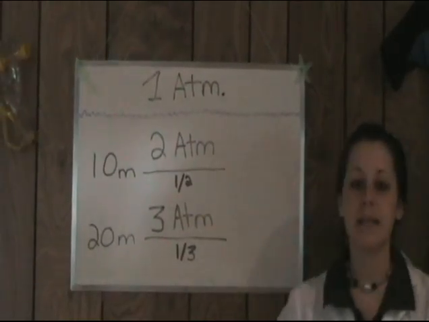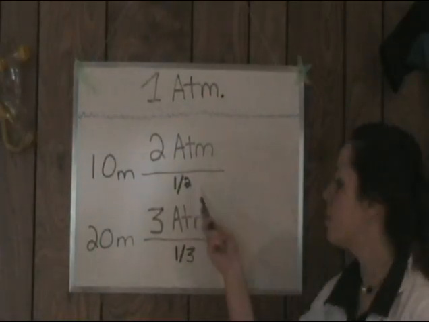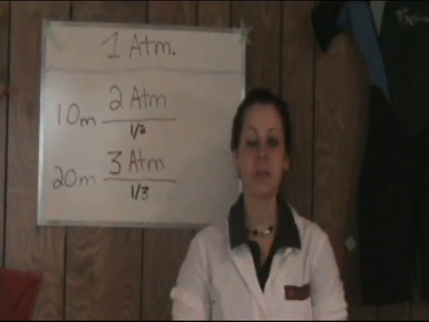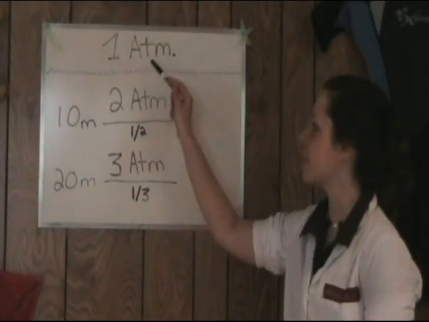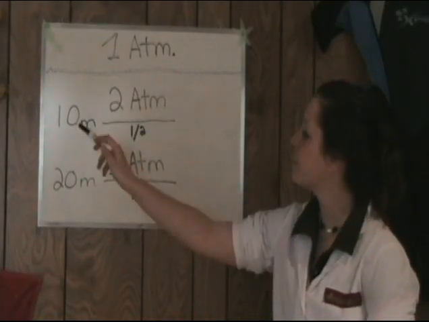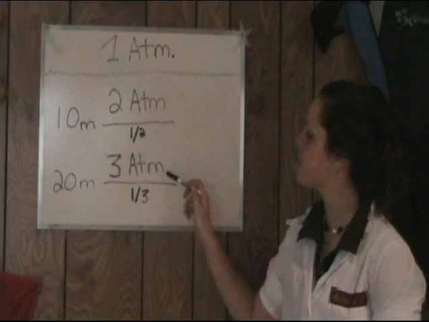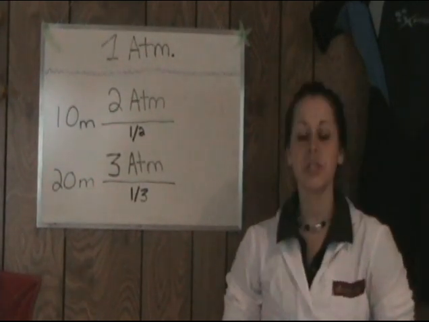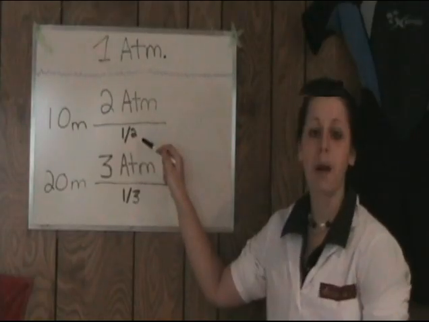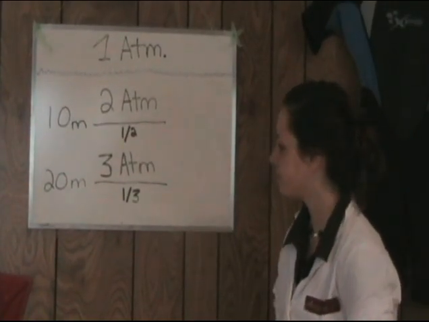What's actually happening here is that at 10 meters, the volume of air is decreased by 1/2, and at 20 meters, the volume of air is decreased by 1/3.